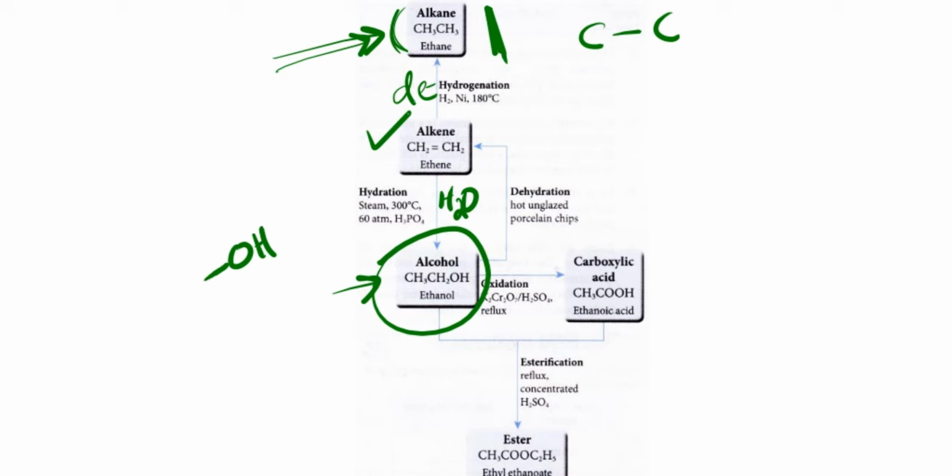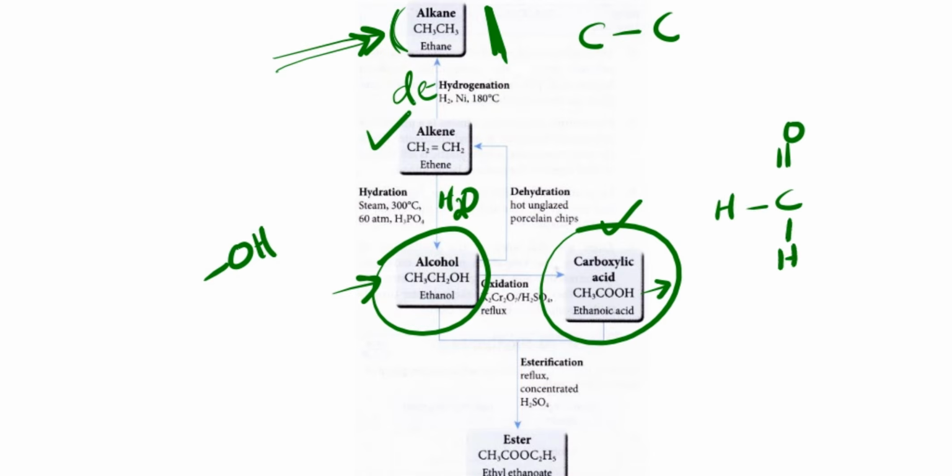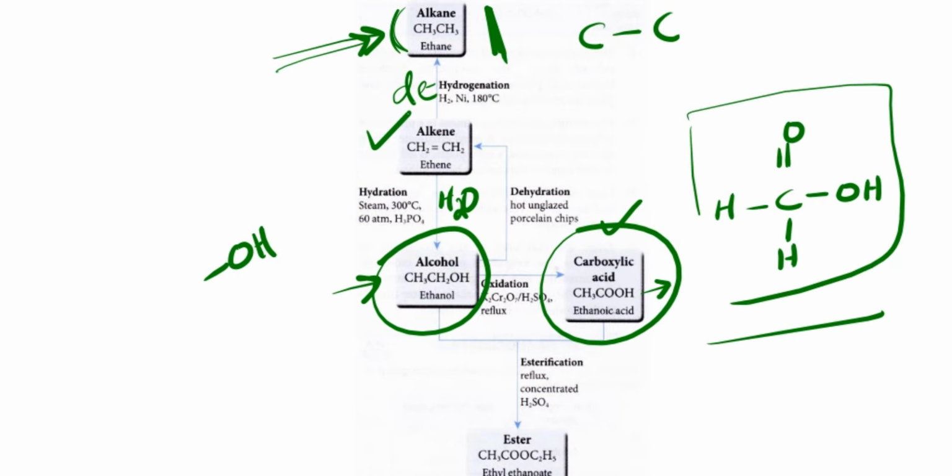Now alcohol is oxidized and gives us a carboxylic acid. And what is carboxylic acid? Its chemical structure is here. Carbon is attached with a double bond to oxygen, a single bond to hydrogen, a single bond to another hydrogen, and again it is attached with O and H. This is the chemical formula of carboxylic acid.